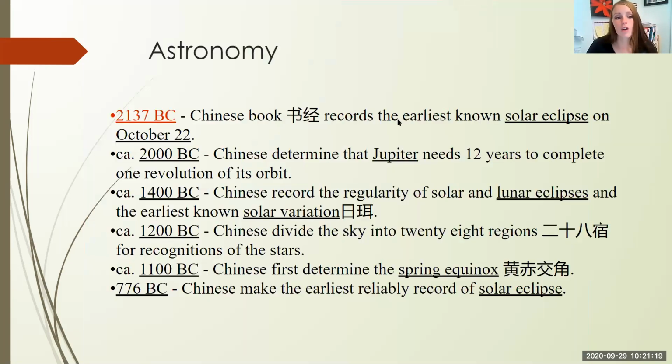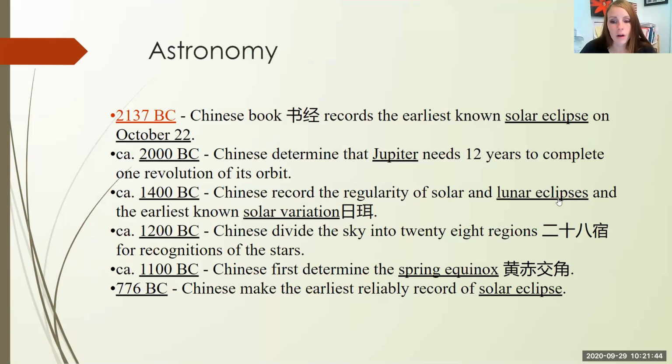Another invention that they're known for is their astronomy. You could talk about that for the invention down at the bottom if you want. As early as 2137 BC, you have records of the earliest known solar eclipse in the world. That's cool. They talk about Jupiter's orbit, which is 12 years.